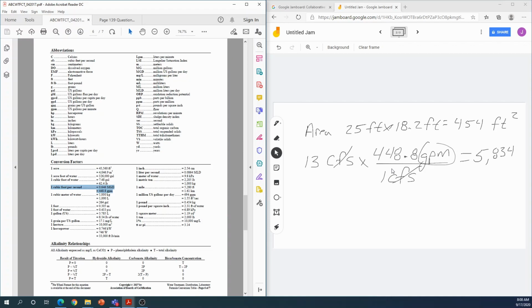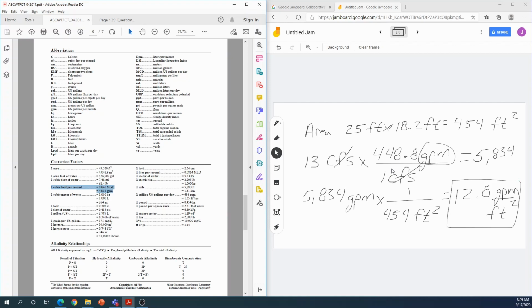So we know that our flow rate is 5,834 gallons per minute, and our area is 454 feet squared. So then our backwash rate is going to be equal to 12.8 gallons per minute per foot squared. So again, just an exercise of tracking our units.